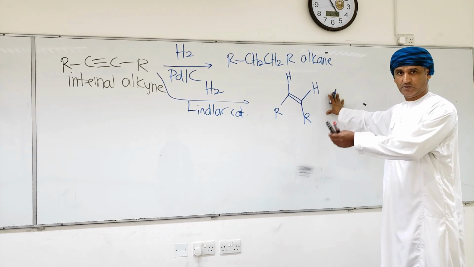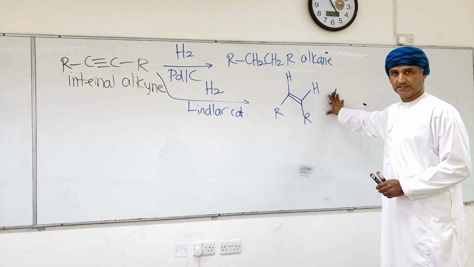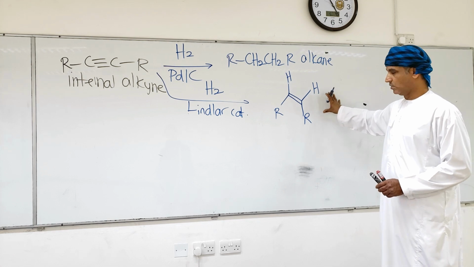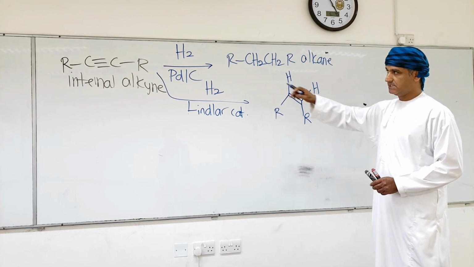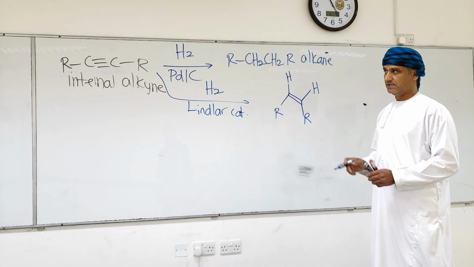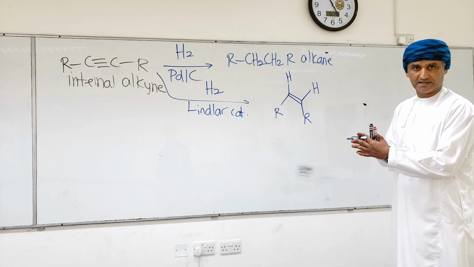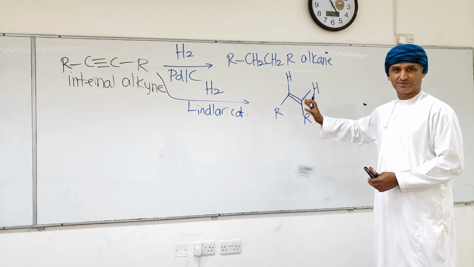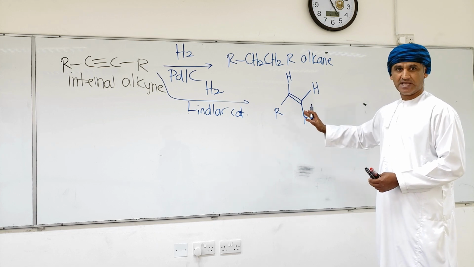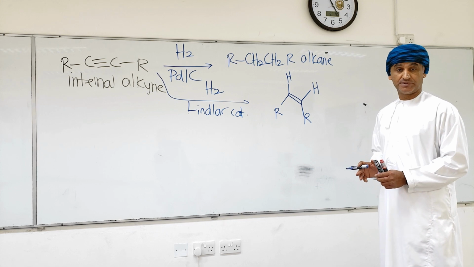That's what we learned before when we talked about the reduction of terminal alkynes. So is the case here: the reaction stops at the alkene stage, but since the alkyne is internal, or since the carbon-carbon triple bond is not at the terminus, the alkene can be either cis or trans, which means the two R groups can be on the same side of the carbon-carbon double bond or on opposite sides.